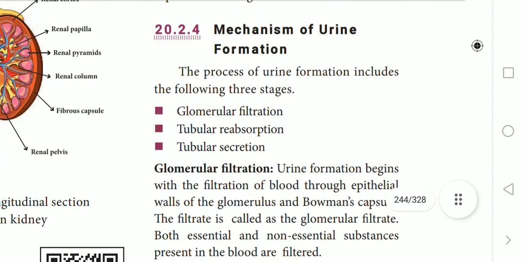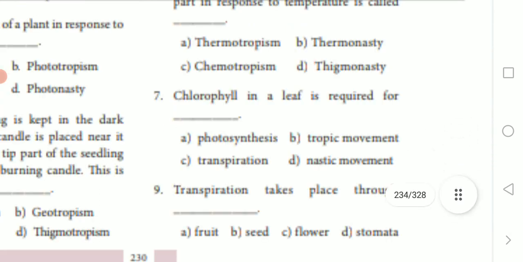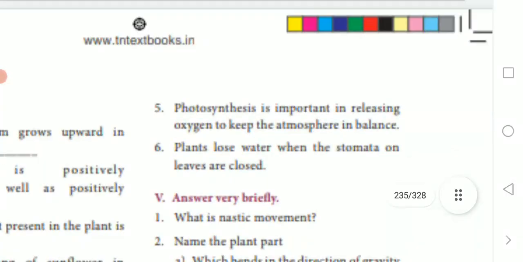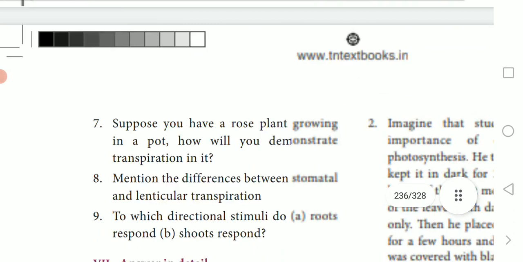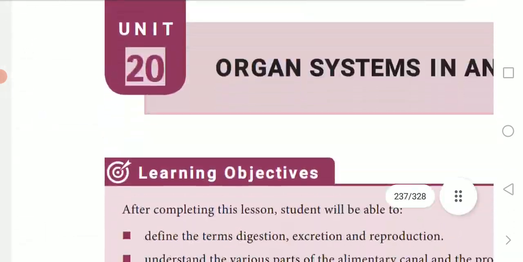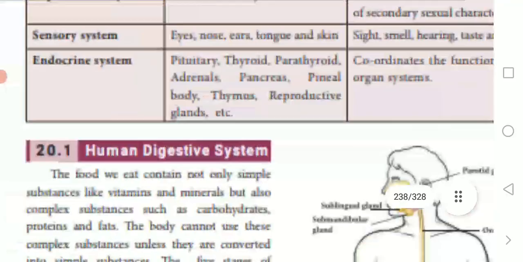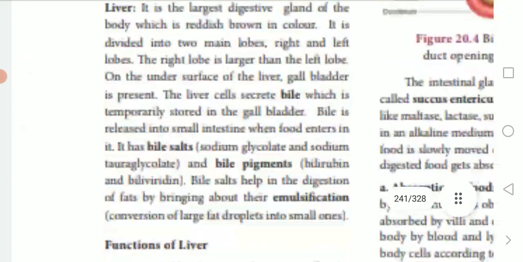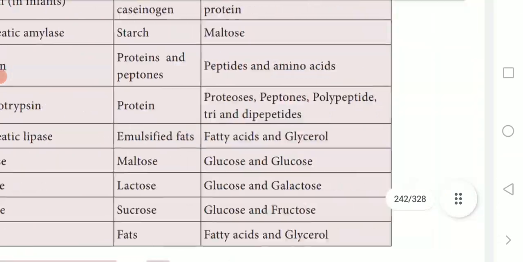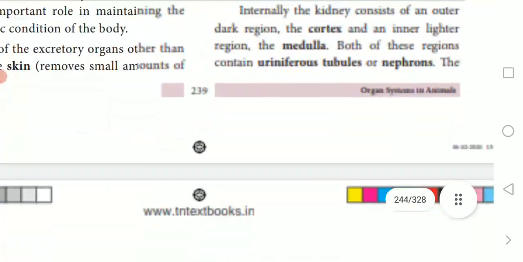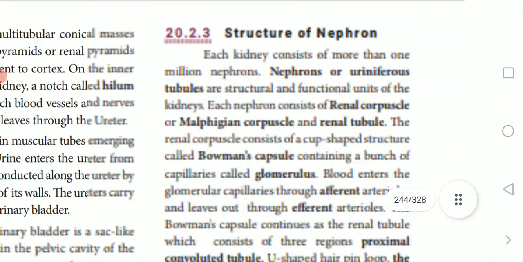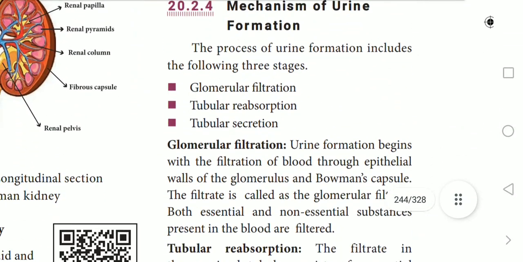Second, it regulates the acid-base balance of blood. Third, it maintains the osmotic pressure in the blood and tissues. It also helps to retain important plasma constituents like glucose and amino acids. Just go through this; it is very important.